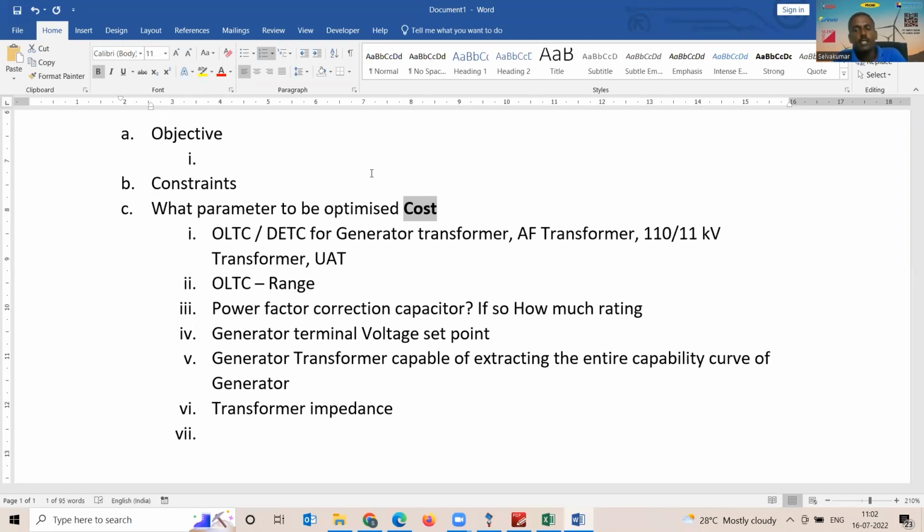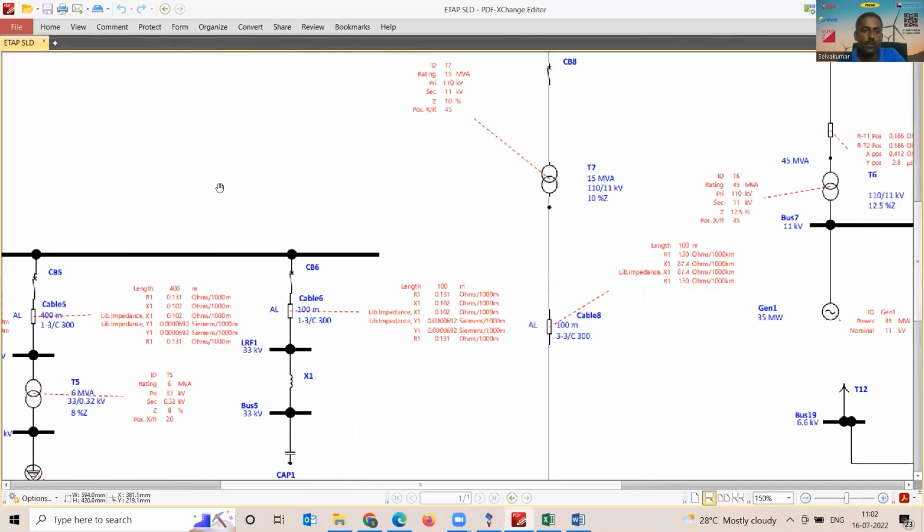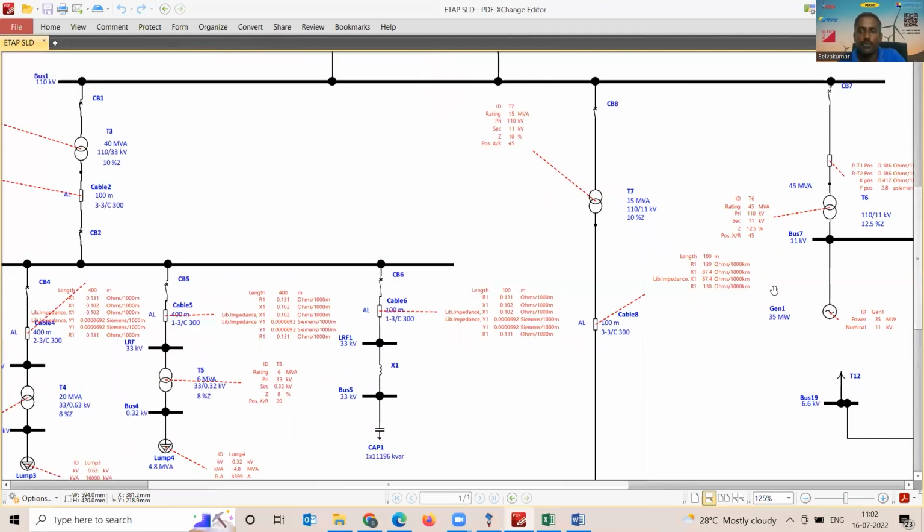It is not just about the design phase; the operational phase also gives some thoughts for getting optimized cost in running. Let me give a typical example. Here you can see this is a 35 megawatt generator, and you have 40 MVA and 15 MVA.